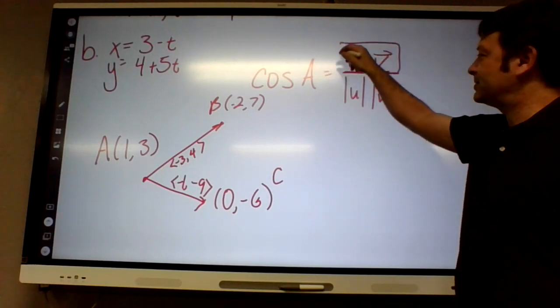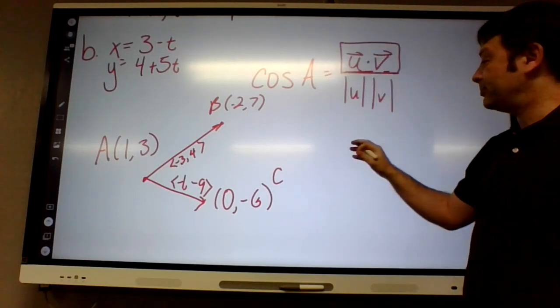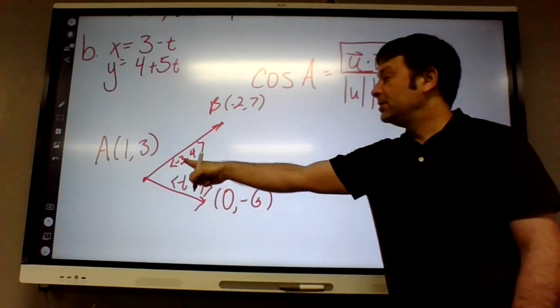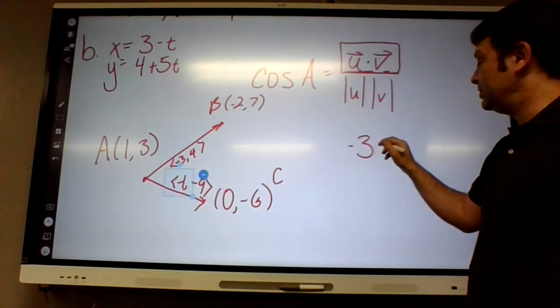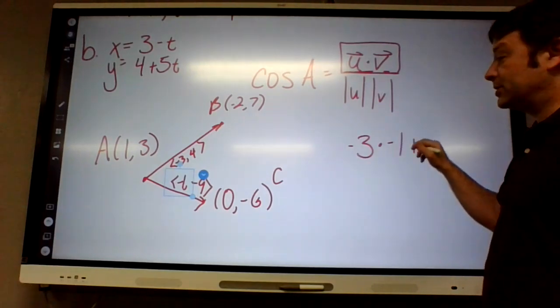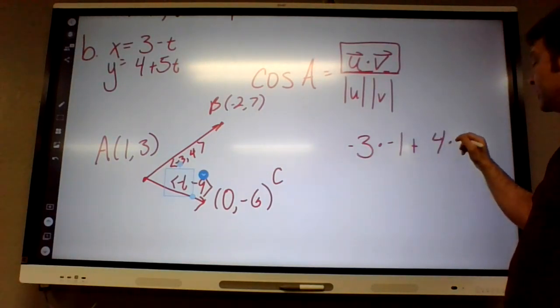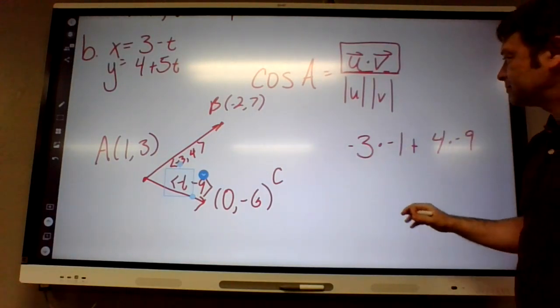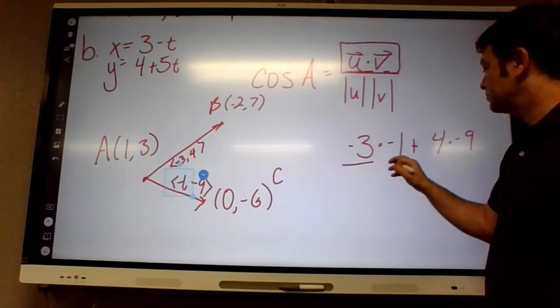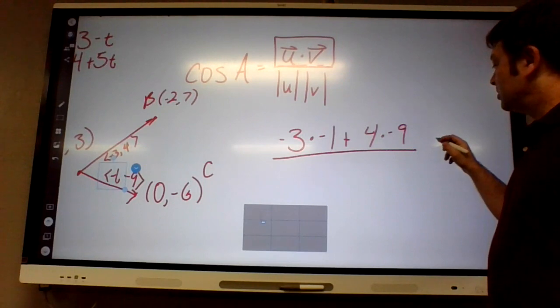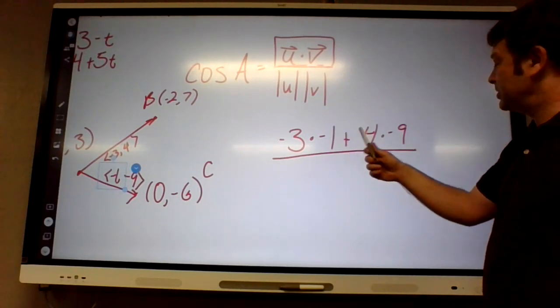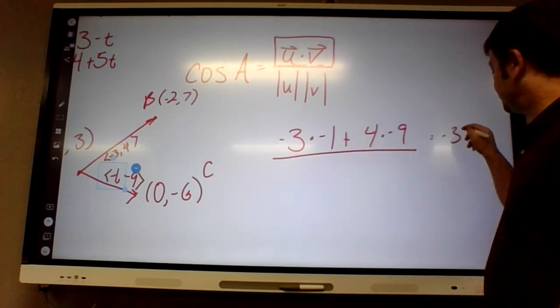How do we do dot product? The x times the x plus the y times the y. So negative 3 times negative 1 plus 4 times negative 9, that's negative 33.